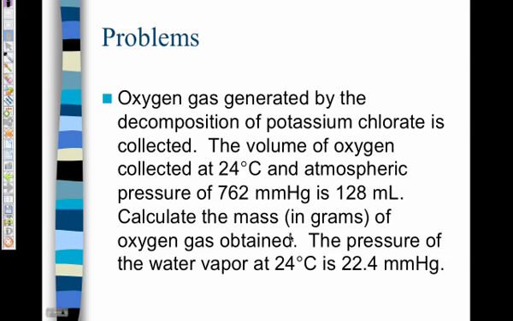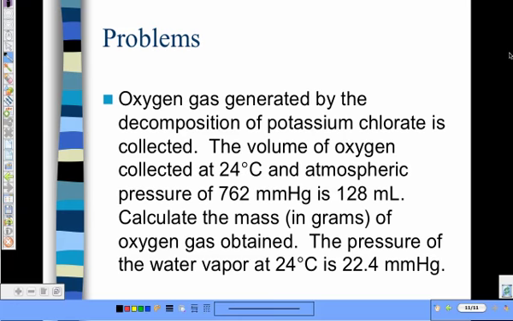So if we look at this problem, where oxygen gas is generated by the decomposition of potassium chlorate, the volume of oxygen collected is at 24 degrees Celsius and atmospheric pressure of 762 millimeters mercury, and that is 128 milliliters. Calculate the mass in grams of oxygen obtained. And it tells us the pressure of the water vapor at 24 degrees Celsius is 22.4 millimeters mercury.